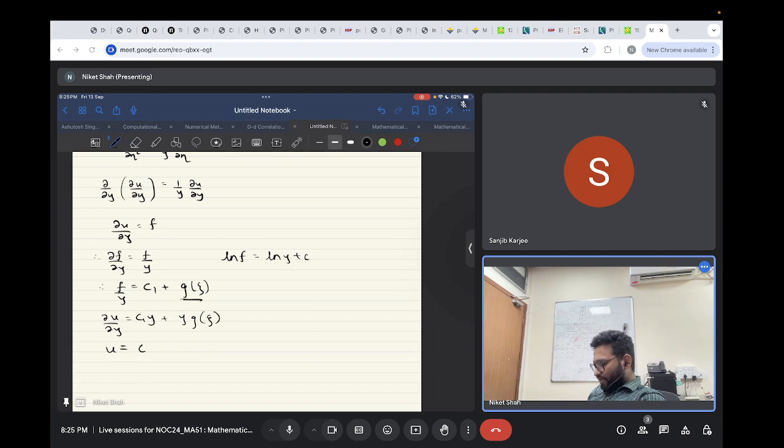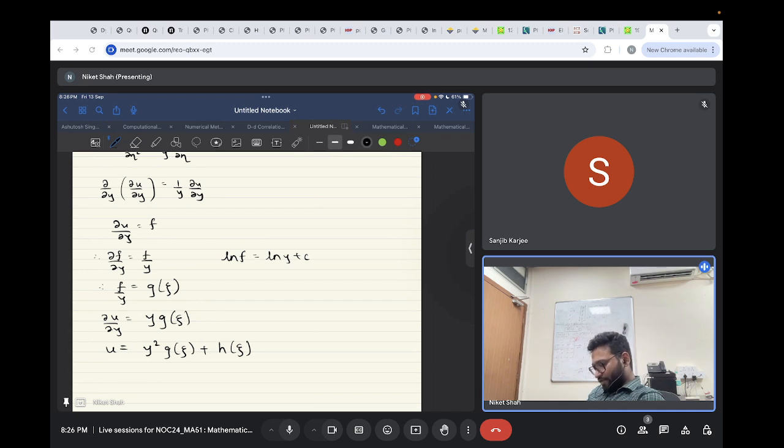Actually, why can't I simply accommodate this inside? So this is simply g of zeta only, nothing else. G of zeta. So what do I have? Y into g of zeta. This has a constant inside of it. U becomes y square g of zeta plus h of zeta.